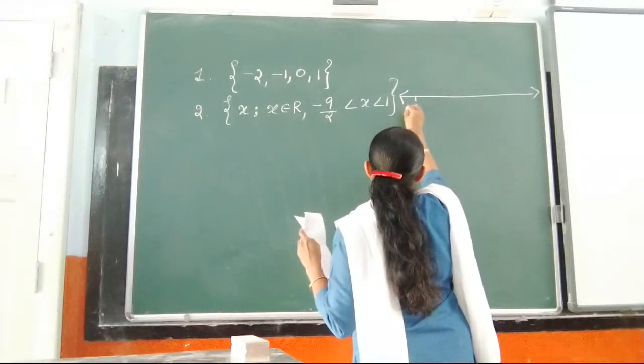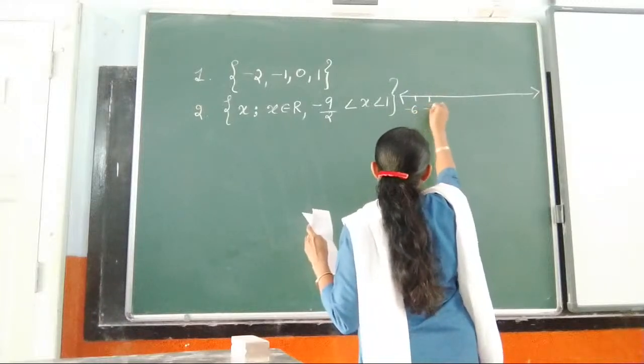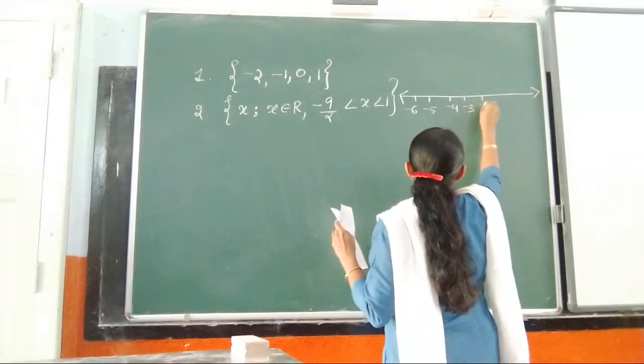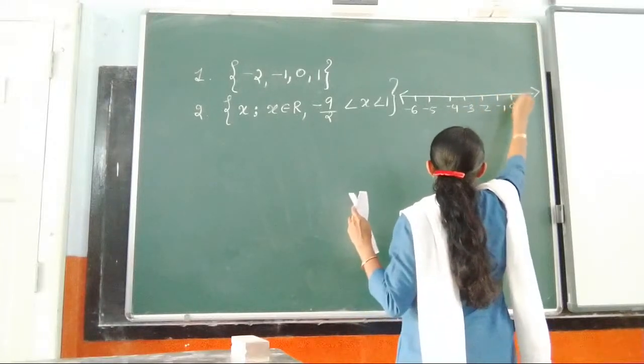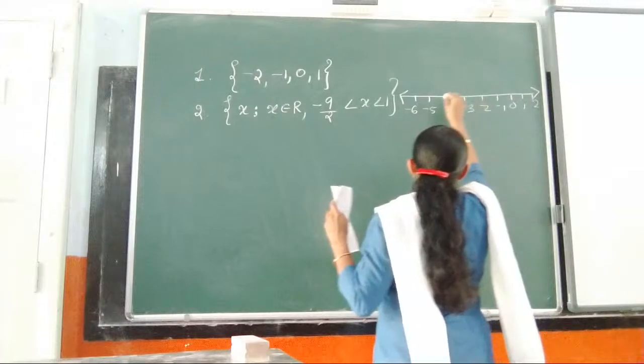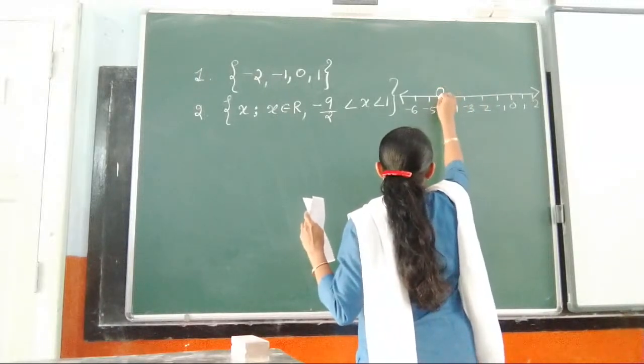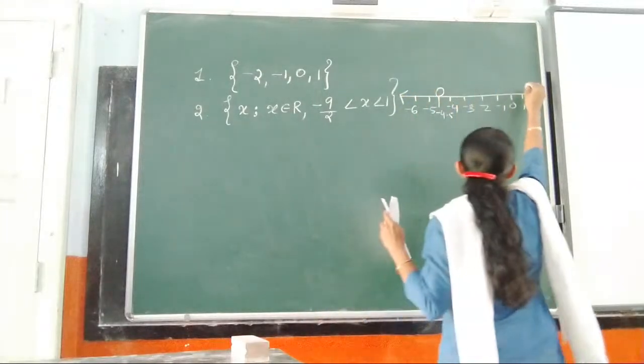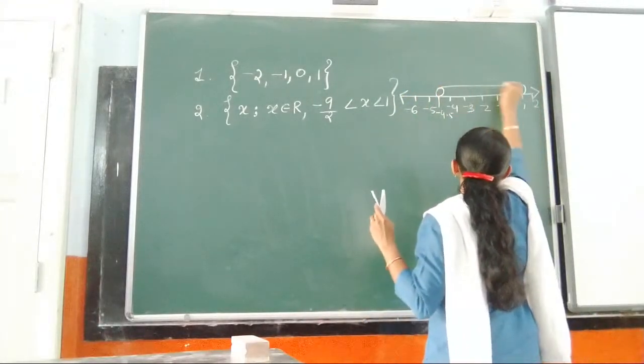-4.5 means at least you have to start with -6, -5, then -4, -3, -2, -1, 0, 1, 2. So -4.5 is not included; you have to mention -4.5 up to 1.